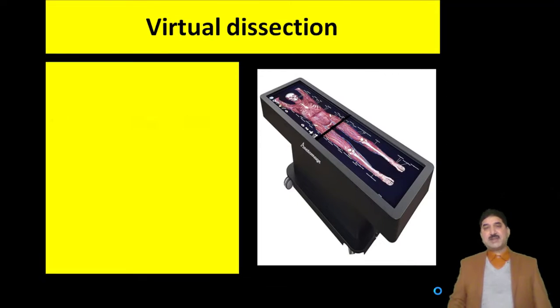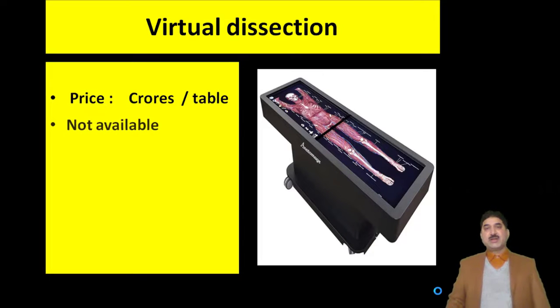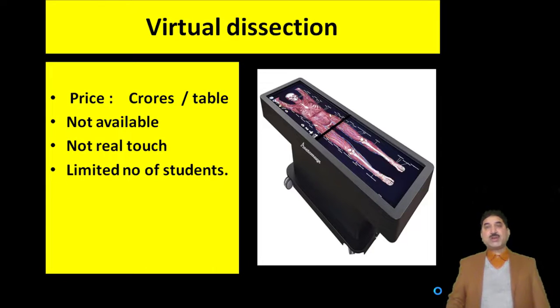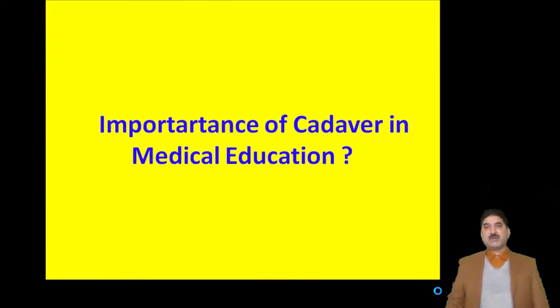But virtual dissection has its own demerits. It is not affordable by all institutes. We don't get a real touch of human body and tissues. Only a limited number of students can be taught on one table, and the virtual dissection table also needs servicing, maintenance and training of the staff for operating. So ultimately we come to the cadaver.